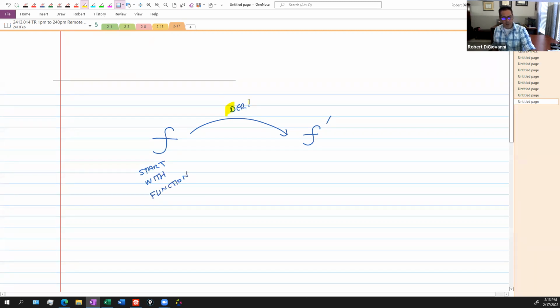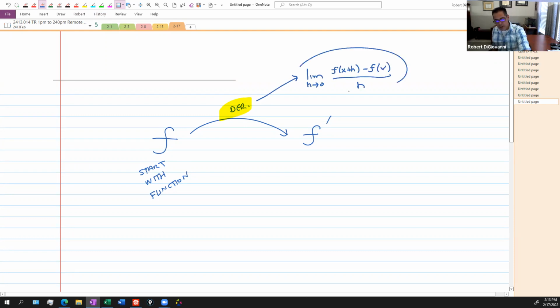You do this operation called taking the derivative, right? And that actually requires that we do the limit as h goes to 0 of f of x plus h minus f of x, all over h. We do this weird operation called differentiation. And when we do it, we get a new function, which is called the derivative.